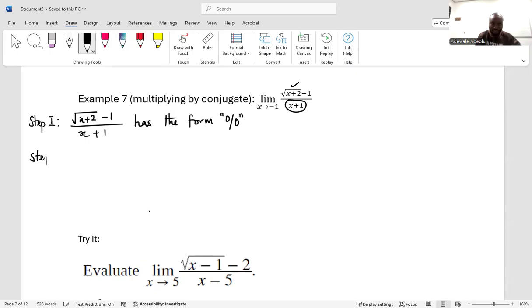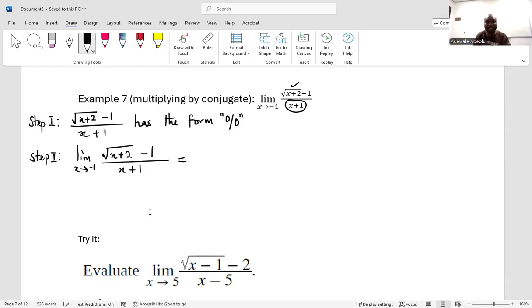Next is to take that limit, the entire function, the limit of square root of x plus 2 minus 1 divided by x plus 1.